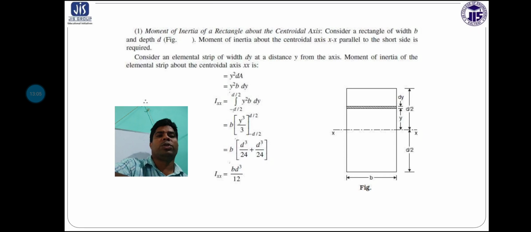Now b into y cube by 3 from minus d by 2 to plus d by 2. After putting all the values, Ixx is equal to b d cube by 12.